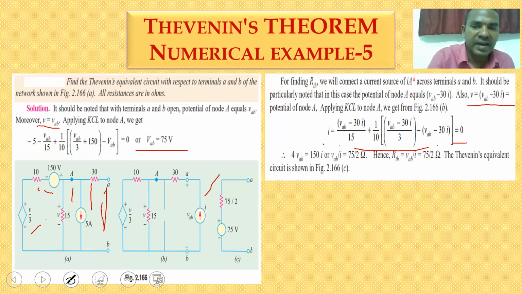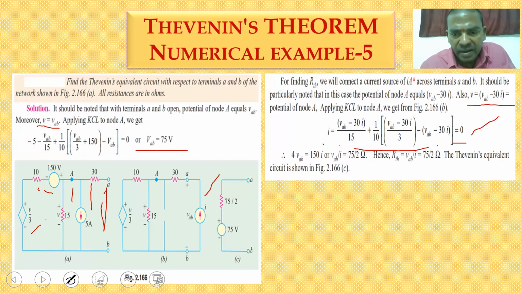So the net current flowing through the 10 ohm resistor will be (VAB minus 30I) divided by 3 minus (VAB minus 30I) divided by the total 10. Finally the net current values must be equal to 0.